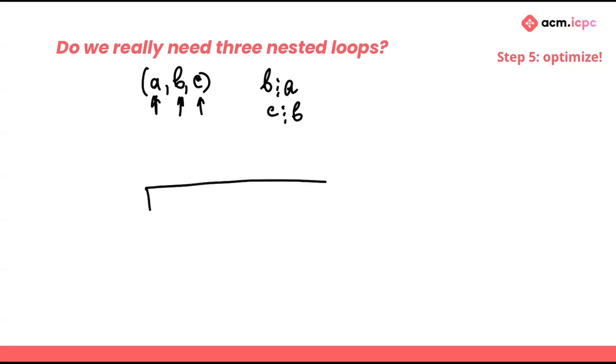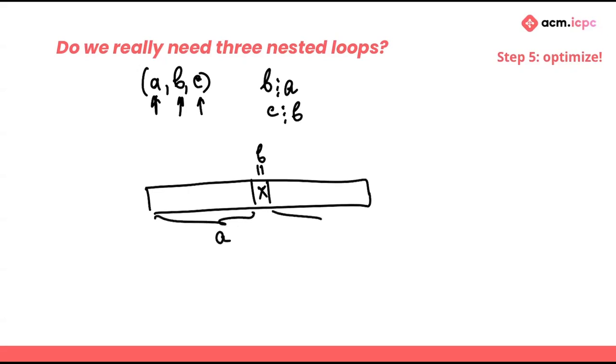Let's just look at our array, and suppose element X is B for our triplet, so basically the middle number. Then we know that we choose one number from the first part, which is the first number for the triplet, and we choose one number from the second part of the array, which is the third number for the triplet. And they all should follow these two constraints. Something to notice is that these two numbers, A and C, are basically independent.